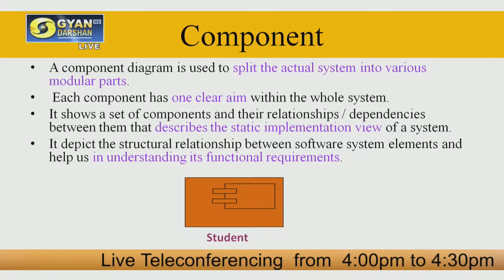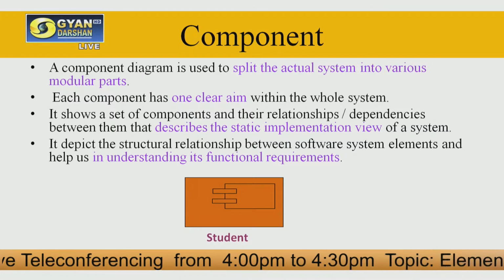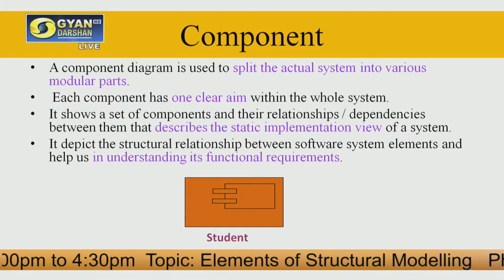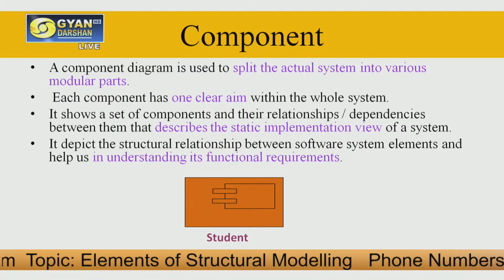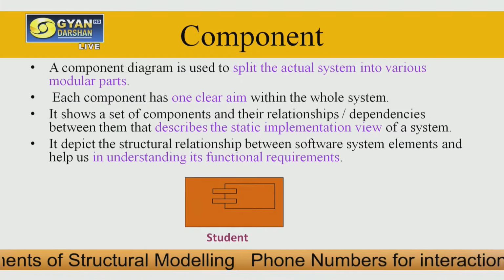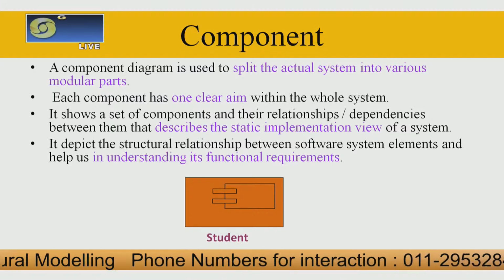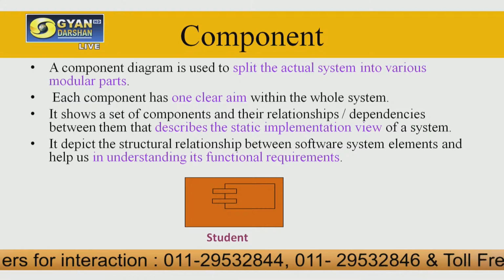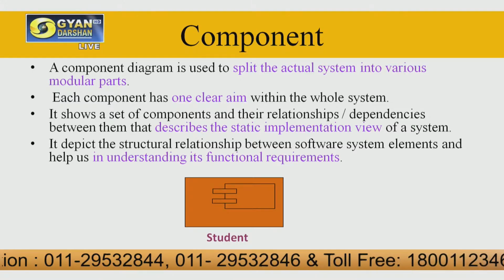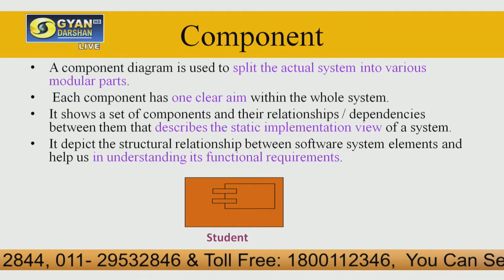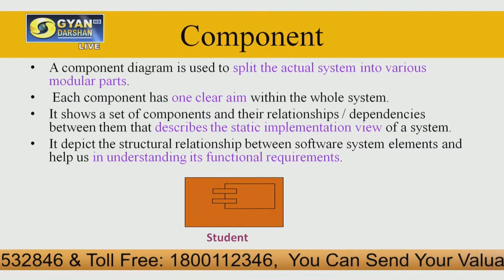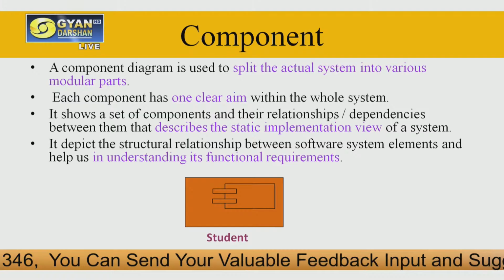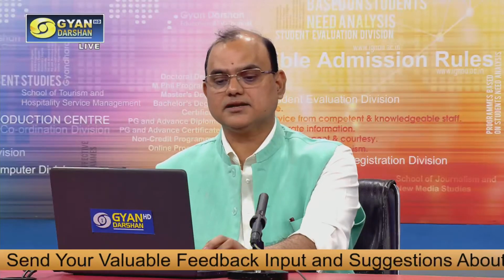Like on the screen you can see one component is shown as student. So if we take a system being developed for educational operations, then student, teacher, examination, or some other administration-related components can be visualized as per the requirement of that specific system or design, and by combining those components together the actual system will come into existence.